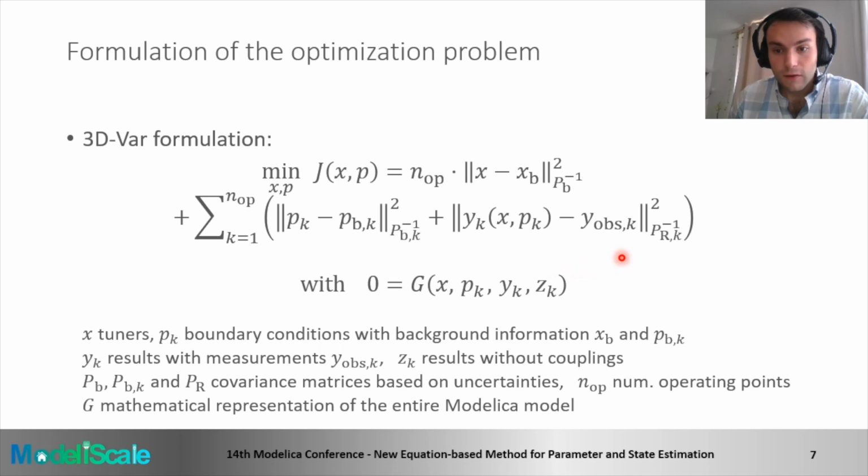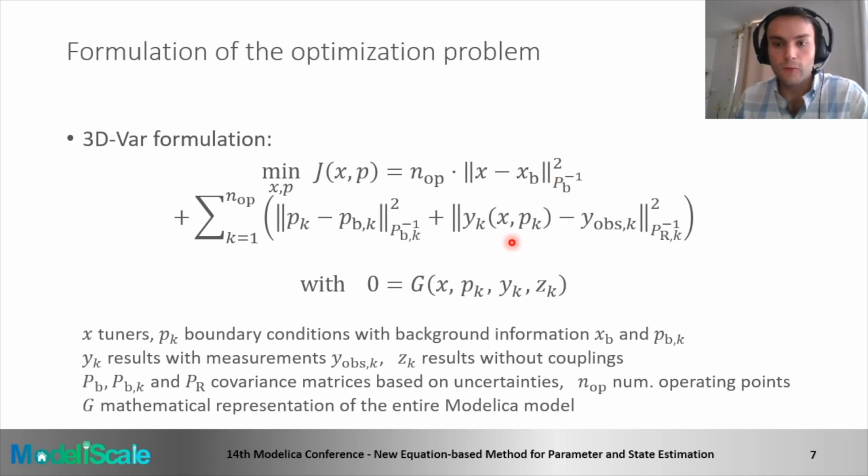And then finally the last term, the y's, corresponds to the observations or measurements and to the model output. So we're trying to minimize this difference. And in this cost function, for the difference presented here for the tuners related to the initial value, the background value, etc., we have some covariance matrices that will give a different weight to this difference.